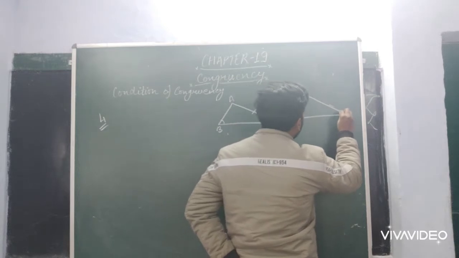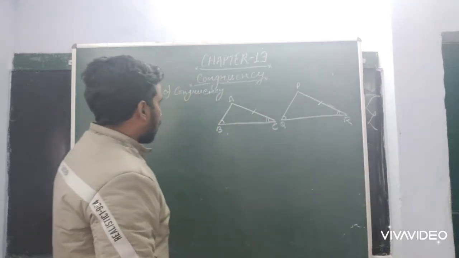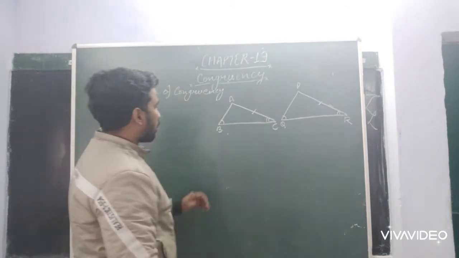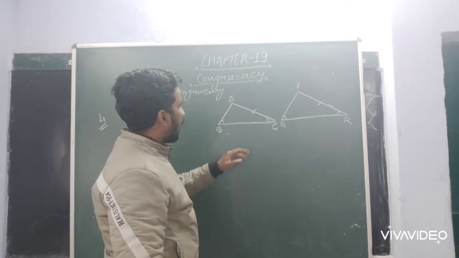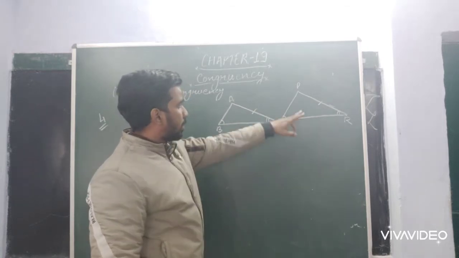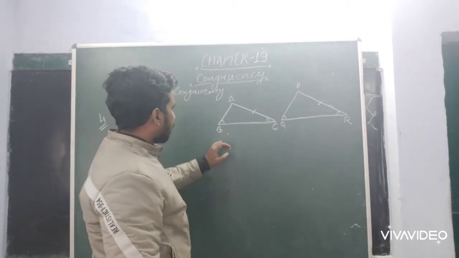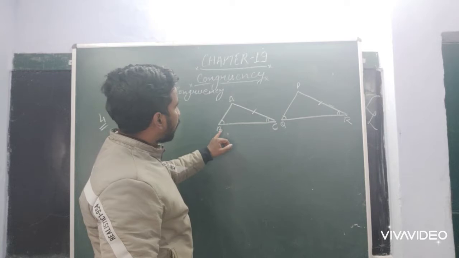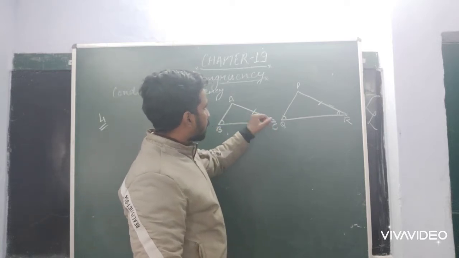Similarly at Q and R, and the side is given. Now you can see that the two angles come first and the side is not included between them. Similarly on the other triangle, it is a corresponding side. So we will prove congruency by angle, angle, side.